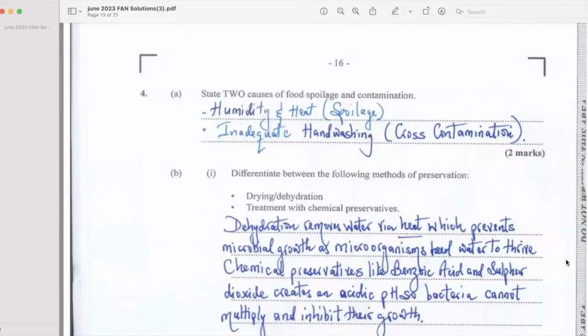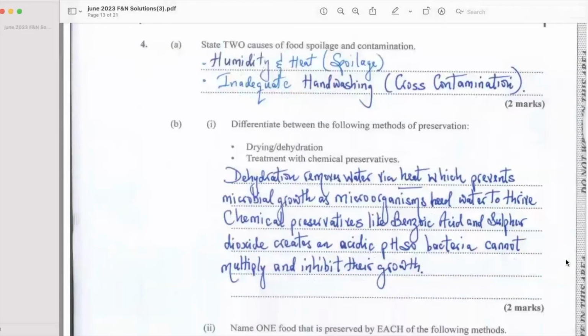Microorganism growth is inhibited based on the syrup. And then the chemical preservation would be like acid and sulfur, creating an acid pH so bacteria cannot multiply. So for instance, you're making a vinegar sauce, or you're making a jam.